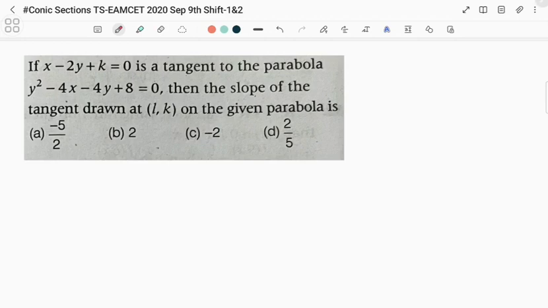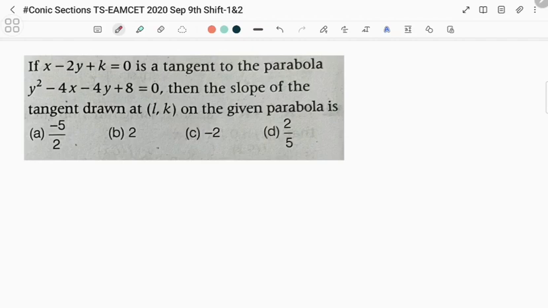The second question is: if x minus 2y plus k equal to 0 is a tangent to the parabola y square minus 4x minus 4y plus 8 equal to 0, then the slope of the tangent drawn at L comma K on the given parabola is.